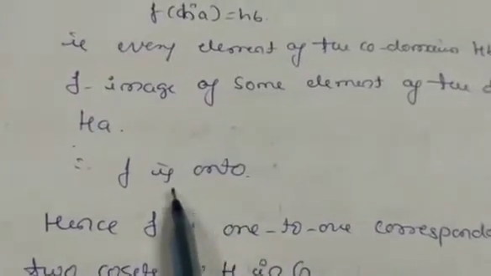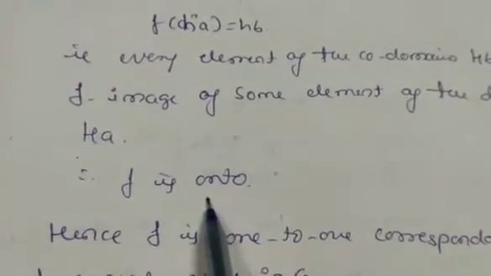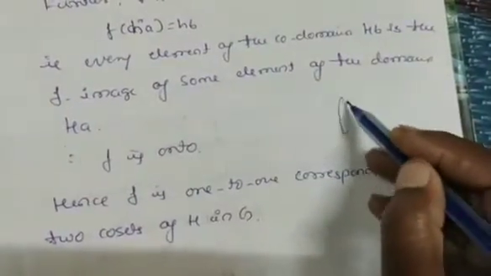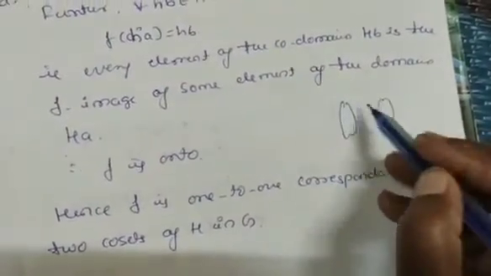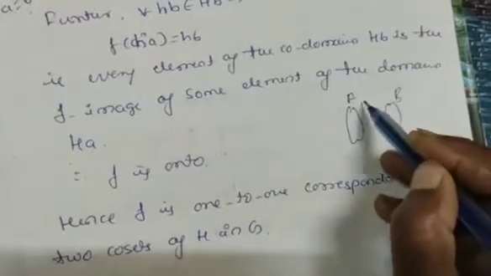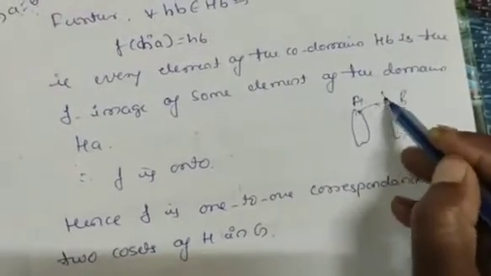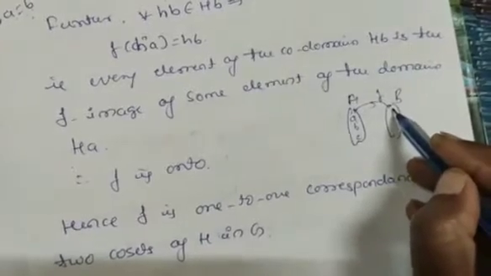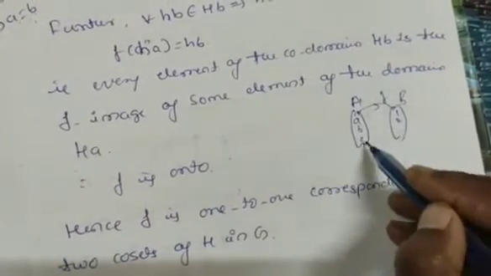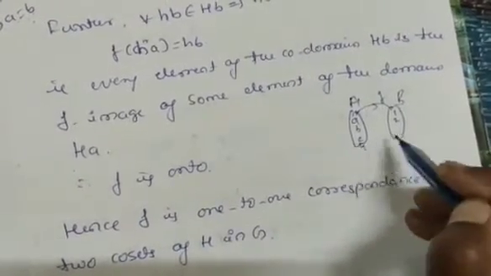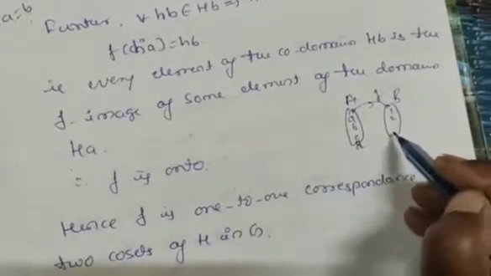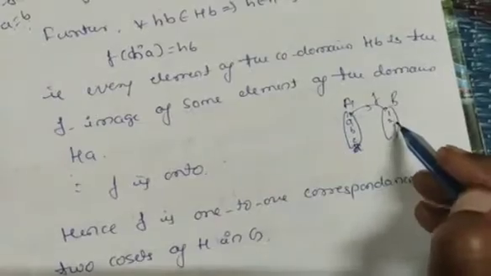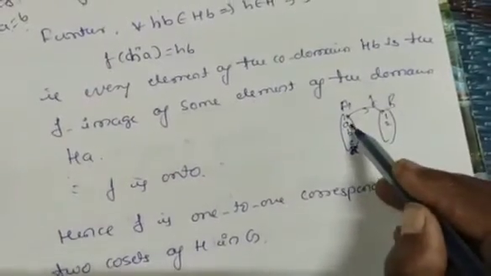Onto means here that all the elements are images. Suppose we have two sets, set A and set B, defined under some mapping f. Let us take only 3 elements a, b, c, and here we have 1, 2, 3.